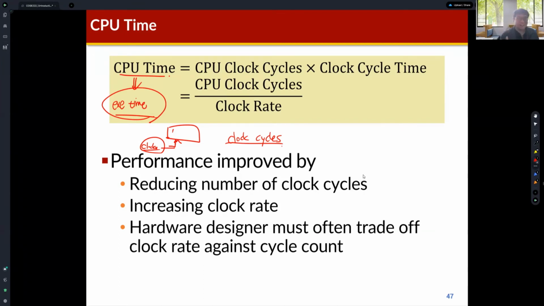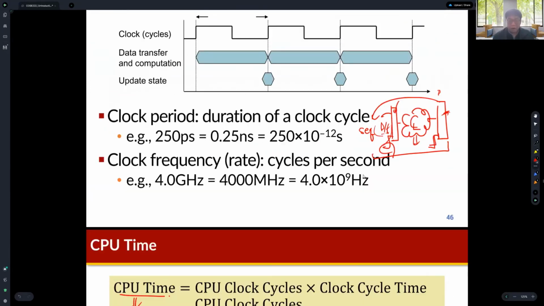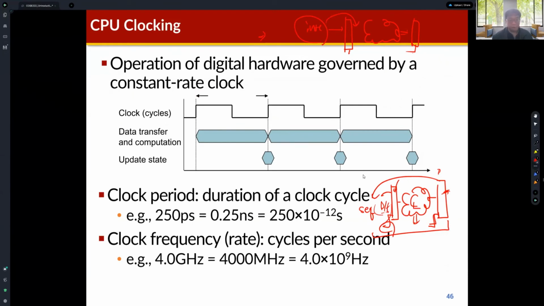And if this number of clock cycles is multiplied by the clock period, the clock cycle time, then we can calculate the CPU time. Why? The clock signal is a repeated signal, so the clock period is constant. The clock period of a single clock cycle is the same for every clock cycle.